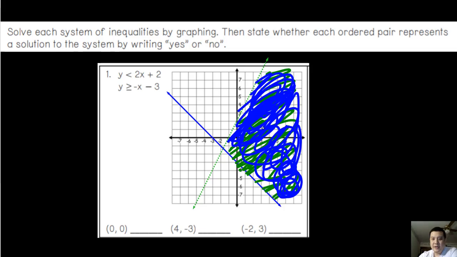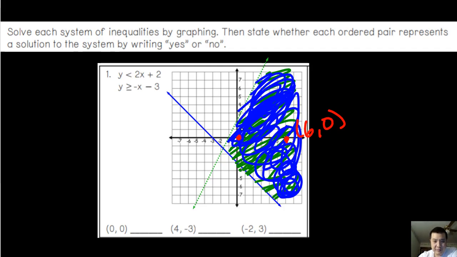That means any point inside the shaded region, if I were to plug in that point, so let's say if I were to plug in 6, 0 right here, if I were to plug in 6 for x and 0 for y, I would make true statements in both of these. Okay, so it says, is 0, 0 part of our solution set?